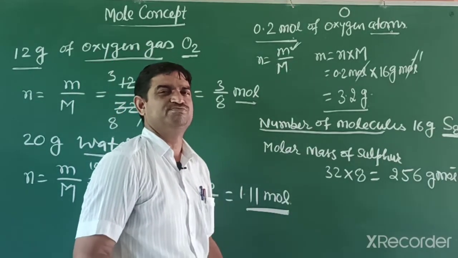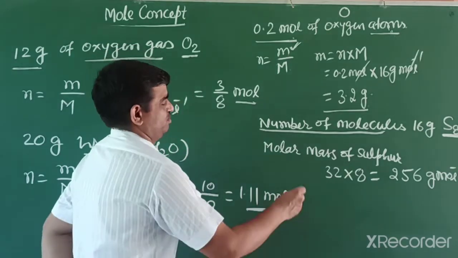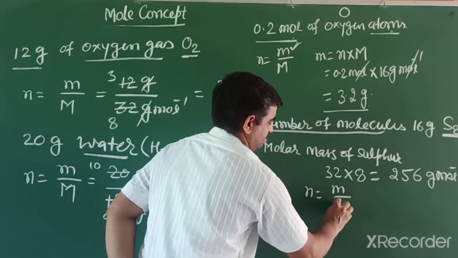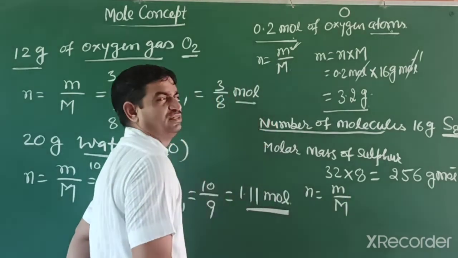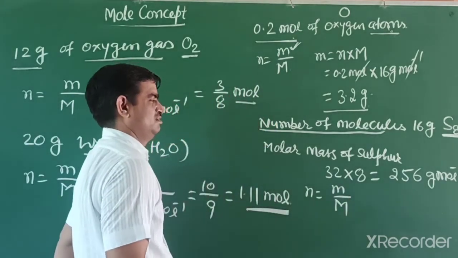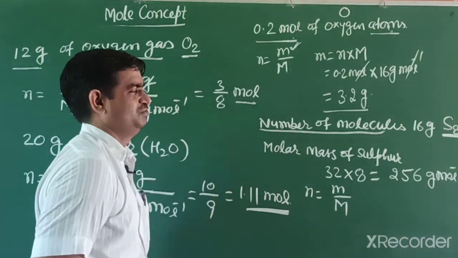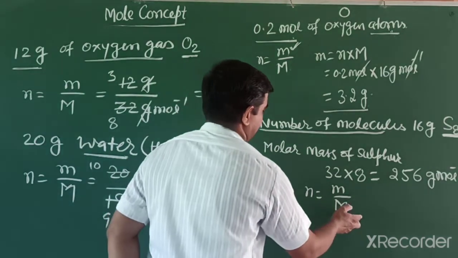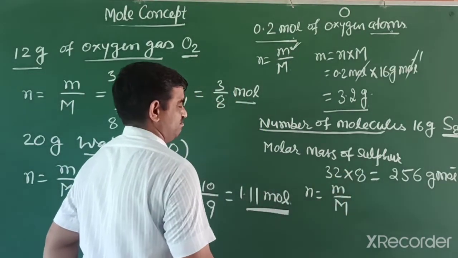So how can we find the number of molecules? Students, first you find the mole. So again formula n is equal to small m by capital M. In this way you can find mole, and after finding the mole you can multiply by Avogadro number. Directly the number of molecules can be found.